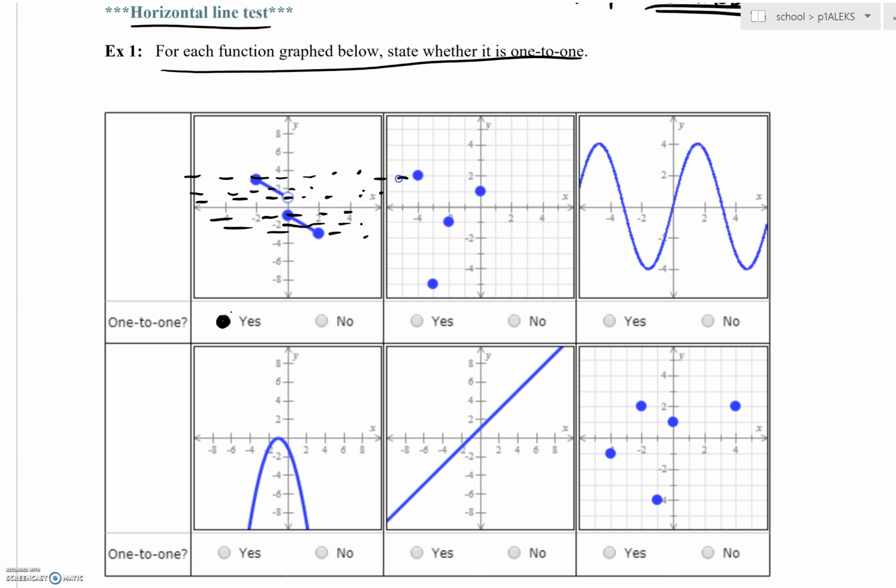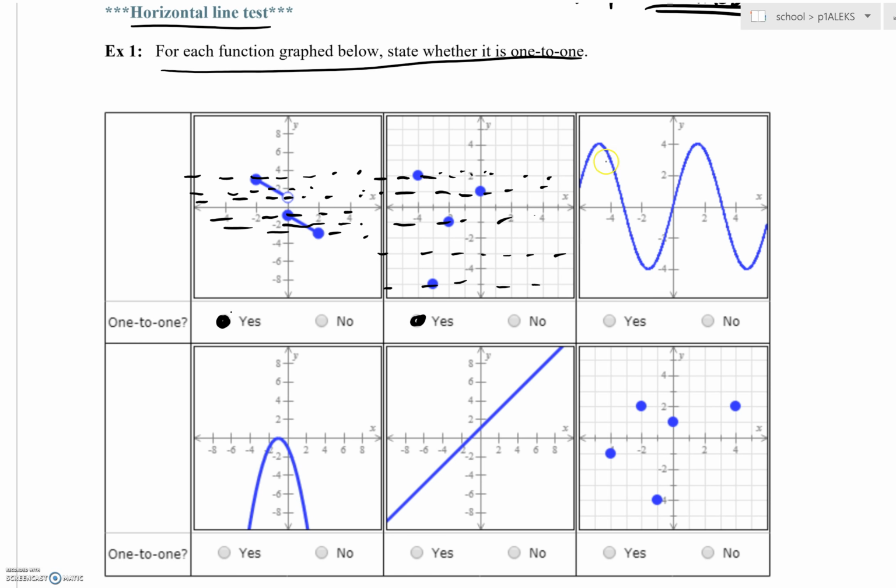So as we look right here, this can be so stripped down, and sometimes kids feel a little uncomfortable, but whether it's a connected graph or you just have some disjoint points like here, this line that I cross would just touch once. This line just touches once. This line just touches once. A line down by -3 doesn't touch at all. Do I ever have a problem? Do I ever cross 2 or more times? No. So we're good. We'd say yes, we are one-to-one.